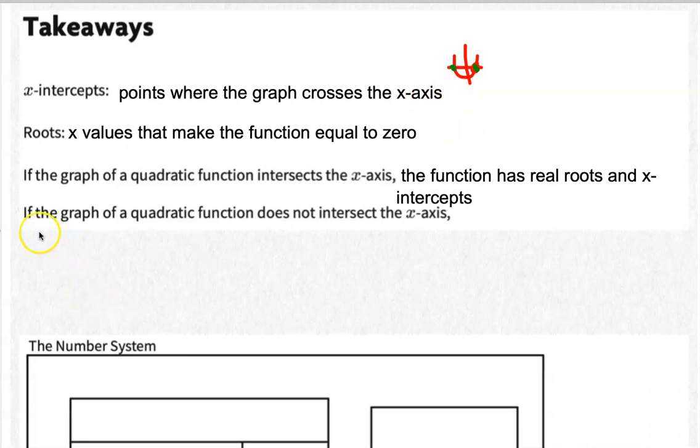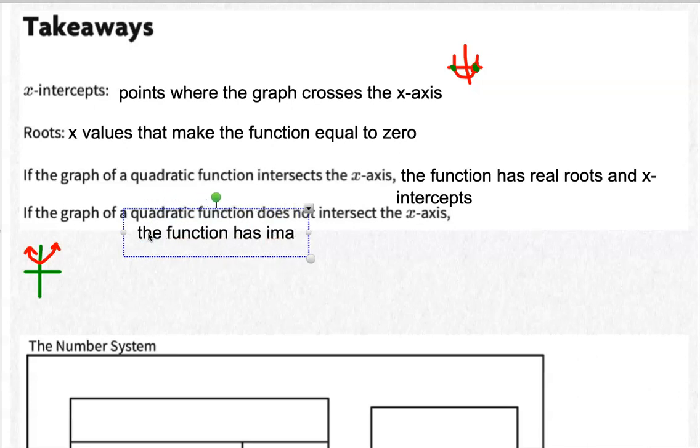If the function does not intersect the x-axis, so that would be like one of our parabolas that opened like this and never ever touches the x-axis, we say the function has imaginary roots and no x-intercepts.